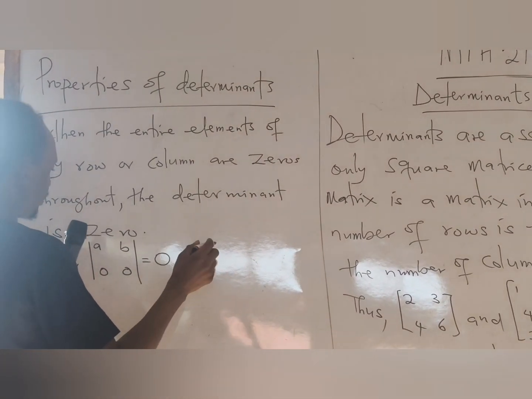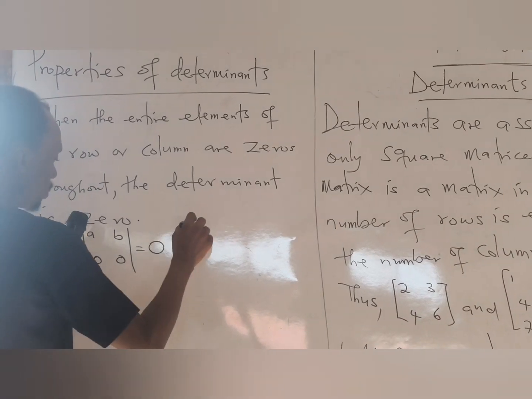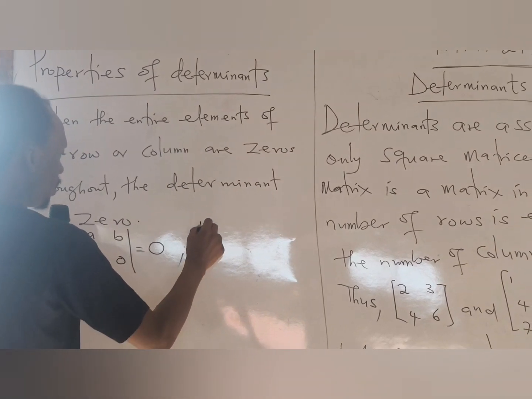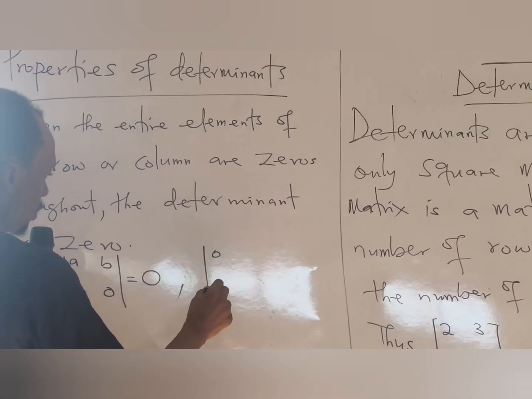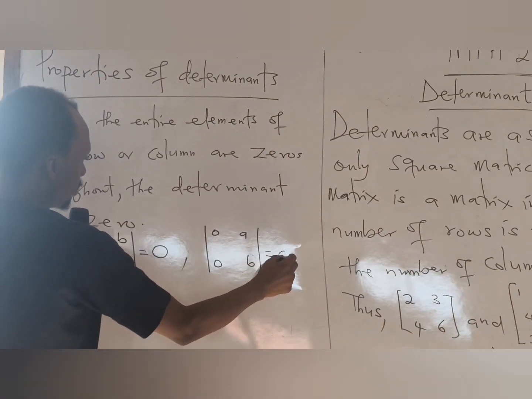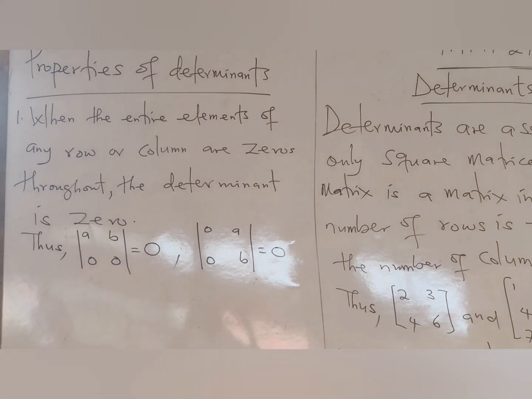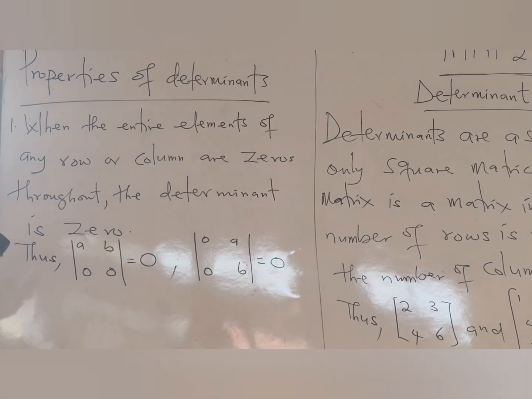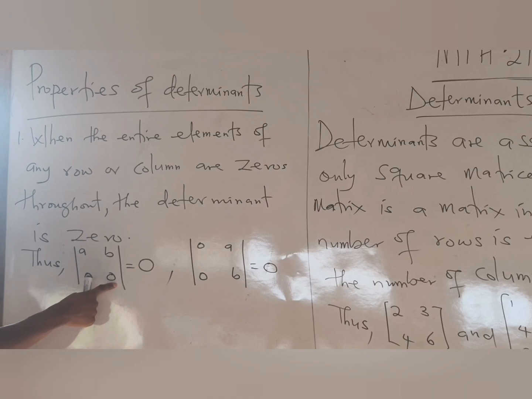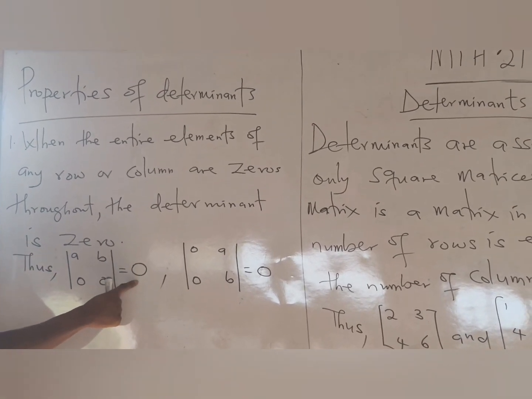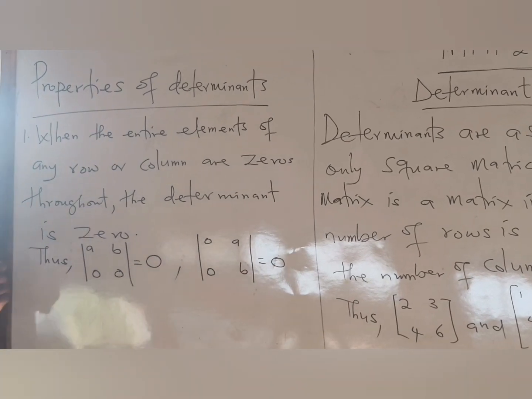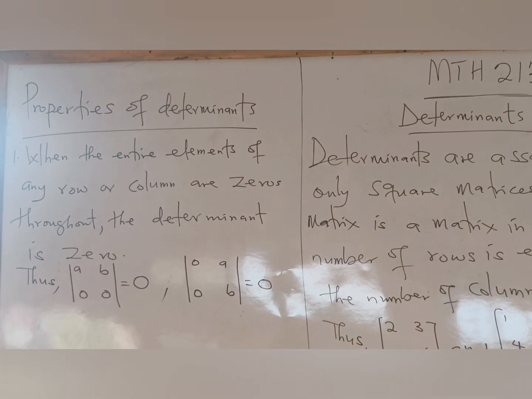Or this rule, you can also have a column. You can also have 0, 0 like this. So if the entire row is zeros, then the determinant is what? 0. If the entire column is 0, 0, the determinant is also 0. That's the meaning.